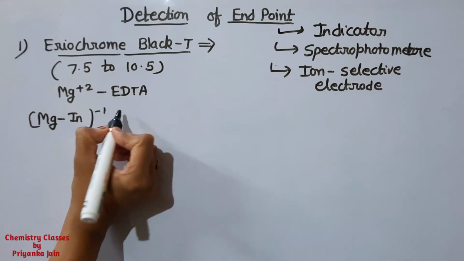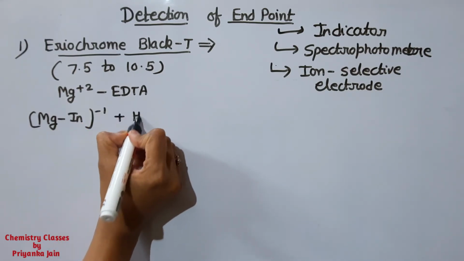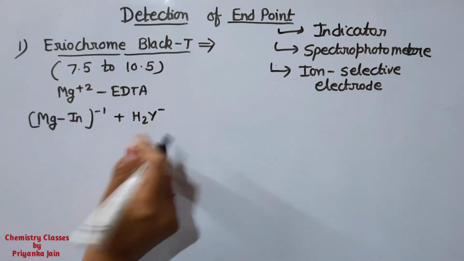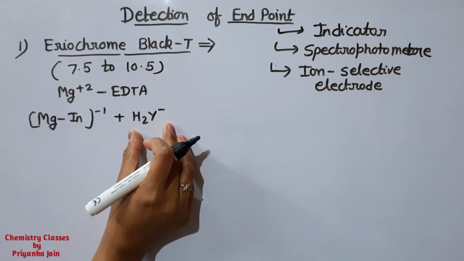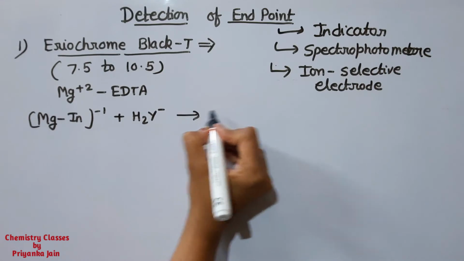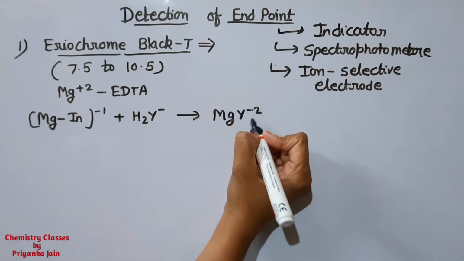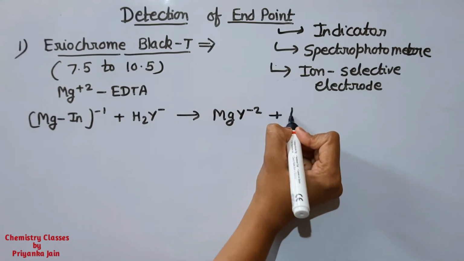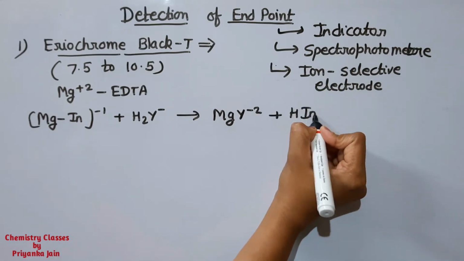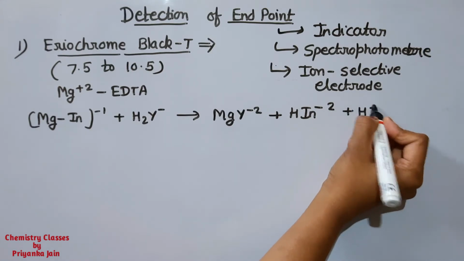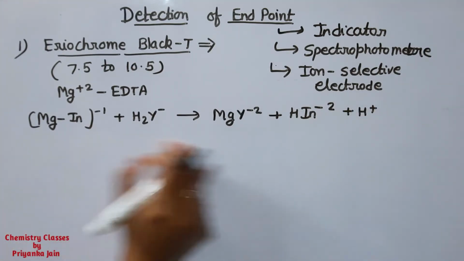And when we treat it with the EDTA salt, we get the magnesium EDTA complex and H plus ions. Why do we get this reaction?